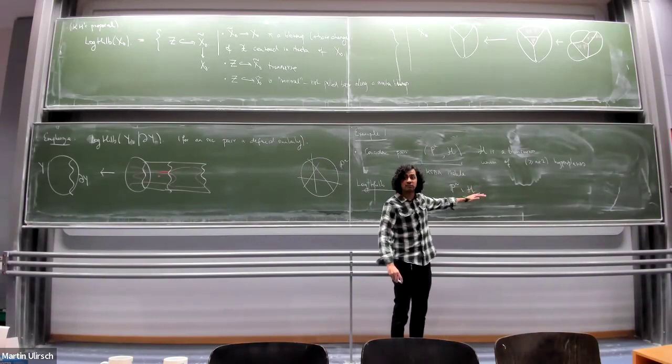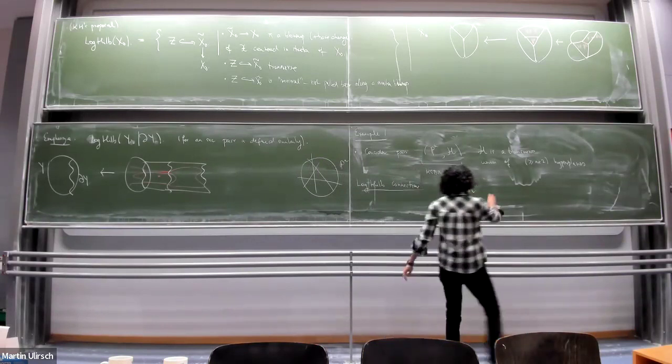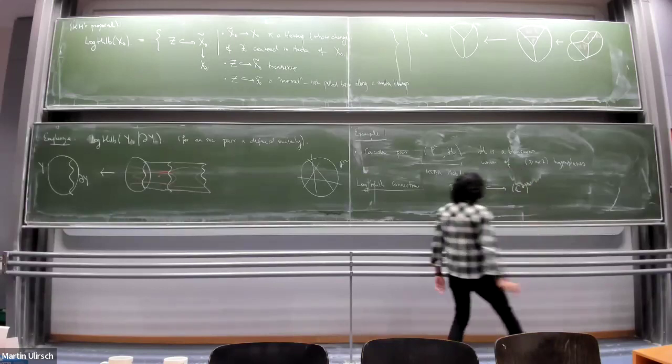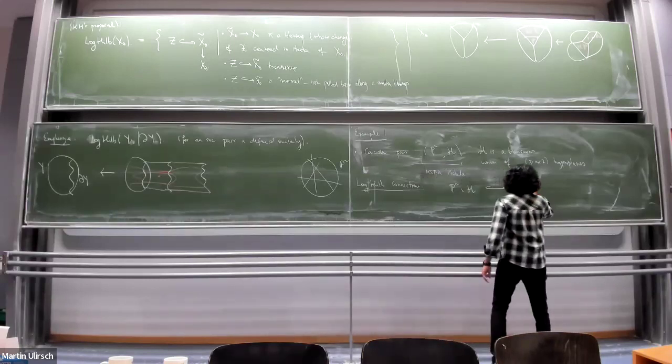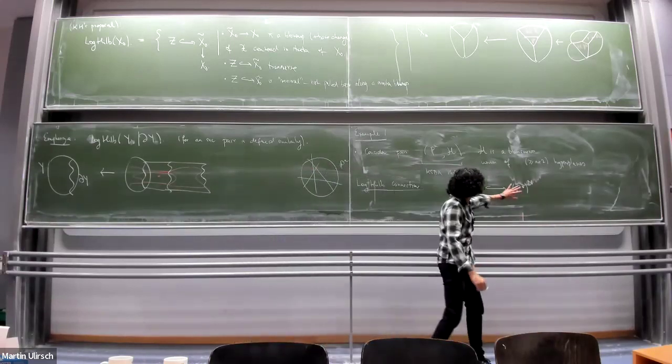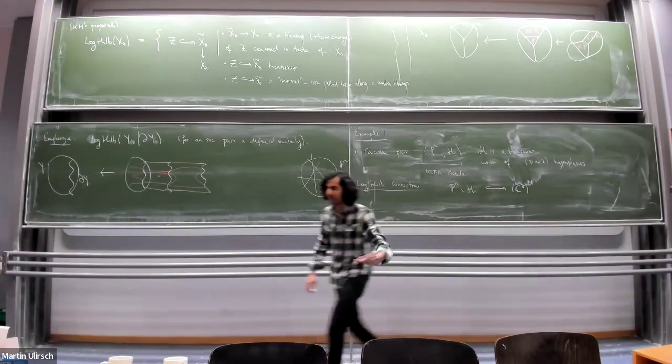Okay? There's lots and lots of maps to C star. In fact, so many maps that I have to use a capital letter, and also so many maps that it actually embeds the variety.